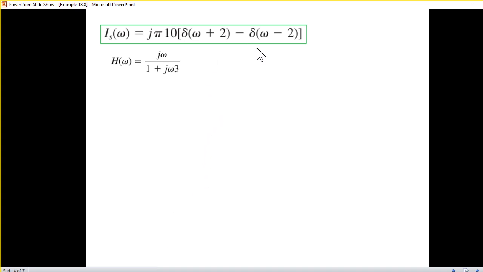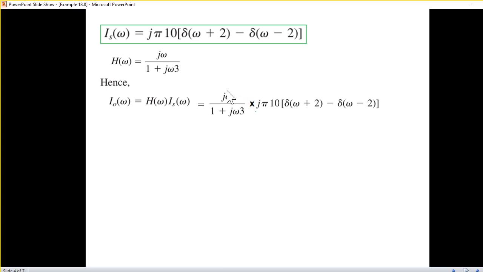Now we have the input signal, we have the transfer function. The formula for output using the transfer function was this formula, so we'll plug in the values. This is H(omega) and then the value of I_s. Now j and j multiply will become j squared. The rest, I hope you can follow the multiplication, then pi omega.